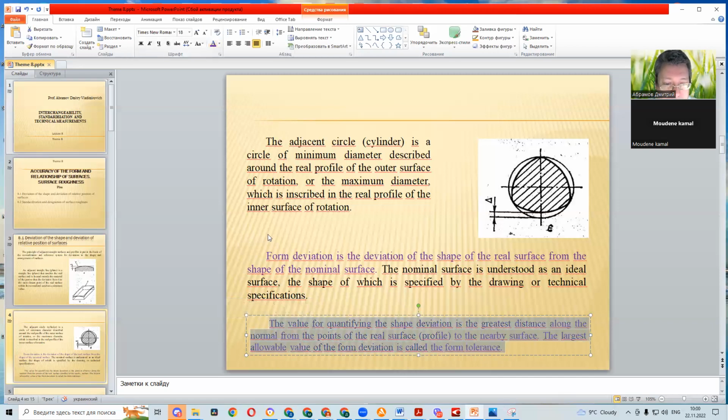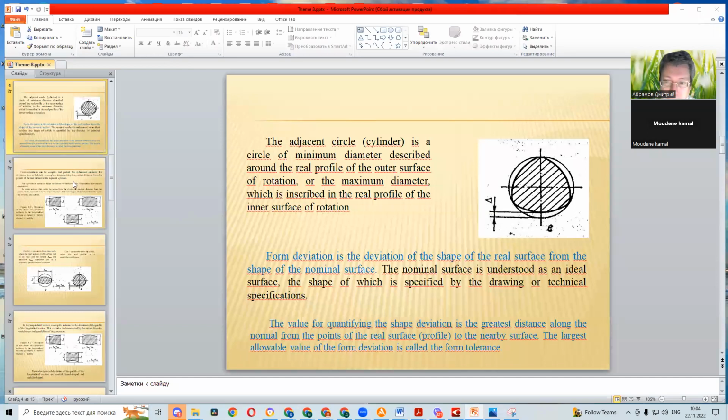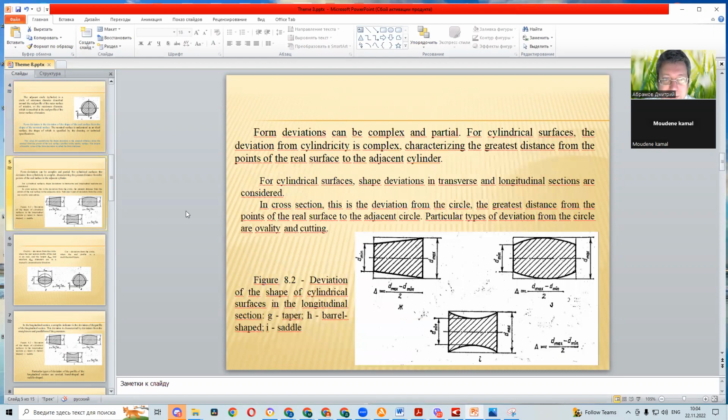Write down in your notes this part of the slide too. And we continue. Next slide.